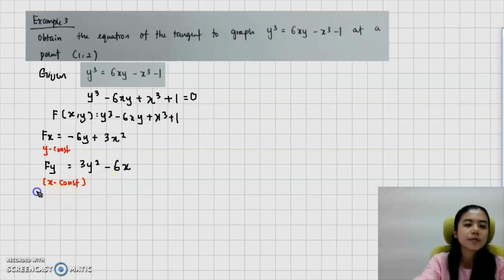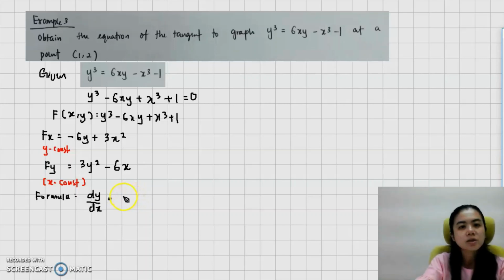Refer back to the formula. The formula that asks us to find dy/dx is the same as the first example. Your formula is minus fx first, followed by fy, so just flip the sequence.